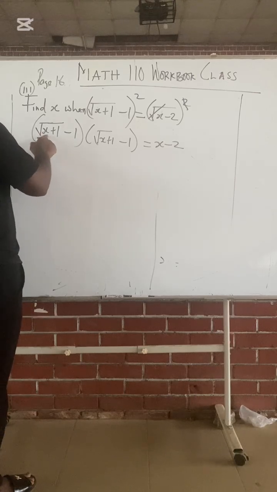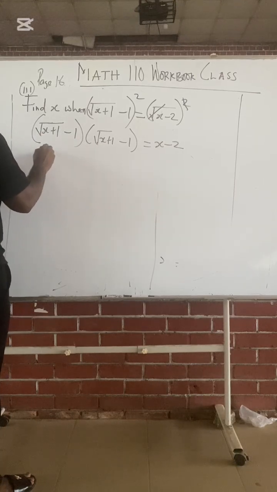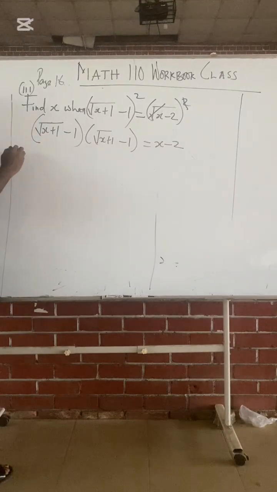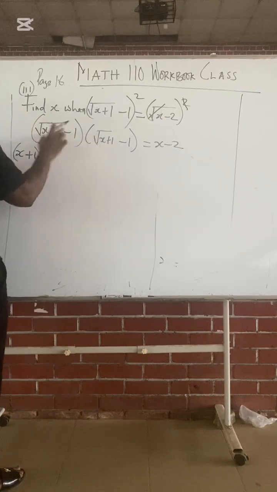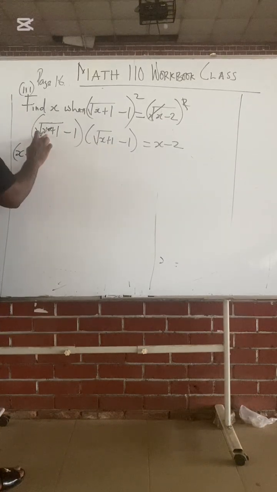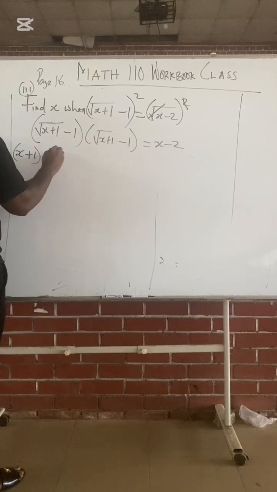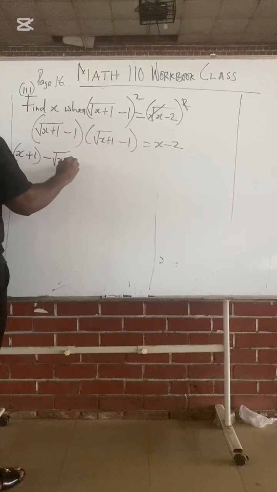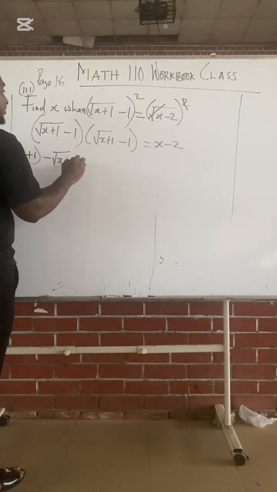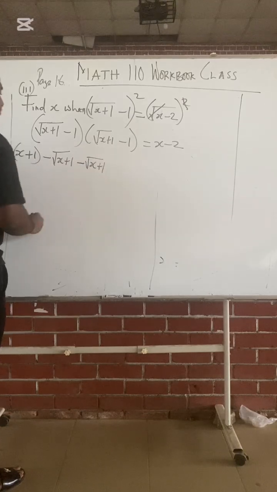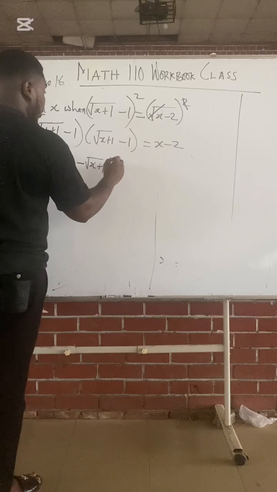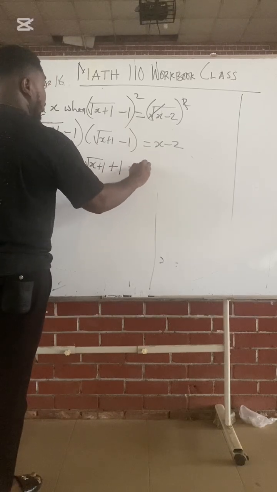Expanding the bracket, root (x plus 1) times root (x plus 1) is x plus 1. Root (x plus 1) times minus 1 is minus root (x plus 1). Minus 1 times root (x plus 1) is minus root (x plus 1). Minus 1 times minus 1 is plus 1.